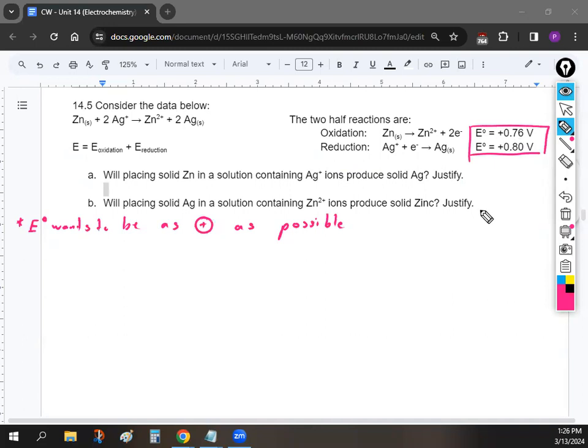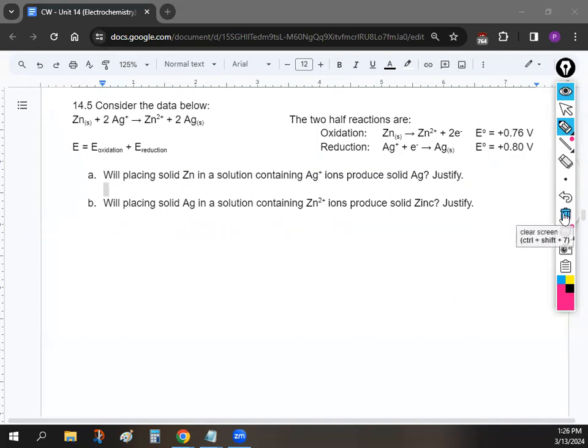All right. So with that being said, let's look at scenario A. Scenario A is asking if you have a solution of Ag plus, and you put a piece of solid zinc in there, is it going to produce solid Ag?